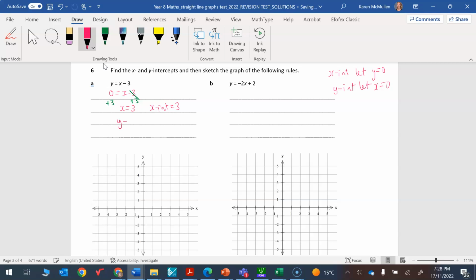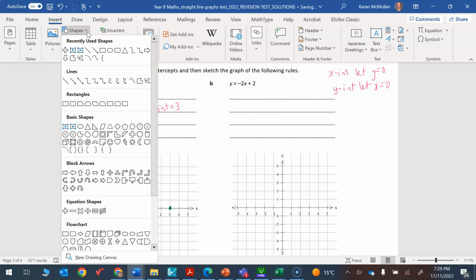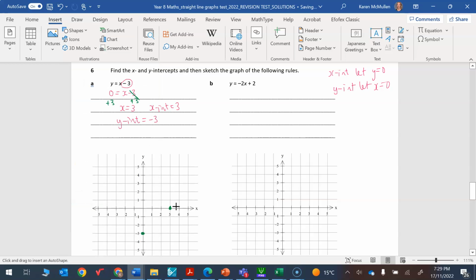And then for your y-intercept, we can just read that straight off as being the constant, which is -3. All right, so let's draw those 2 points on. So your x-intercept is here at 3, and your y-intercept is there at -3, and then we just draw a straight line going through those 2 points.